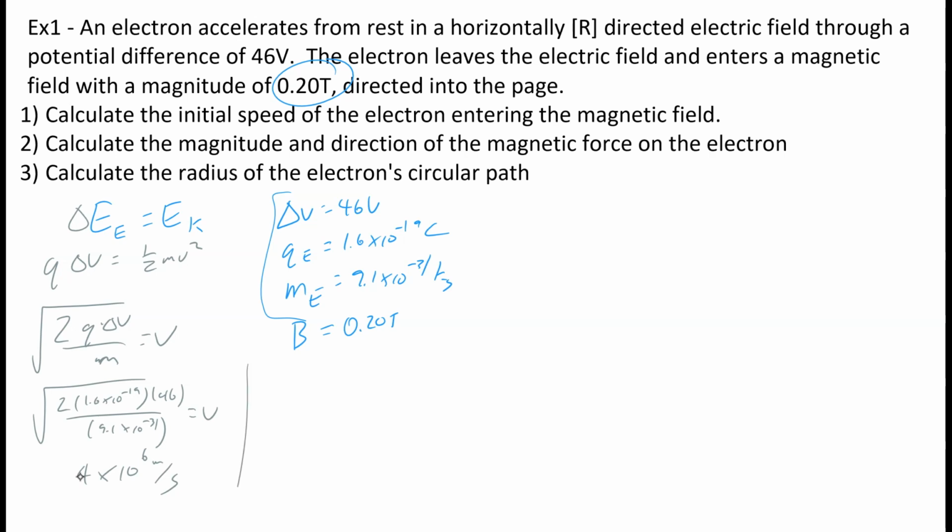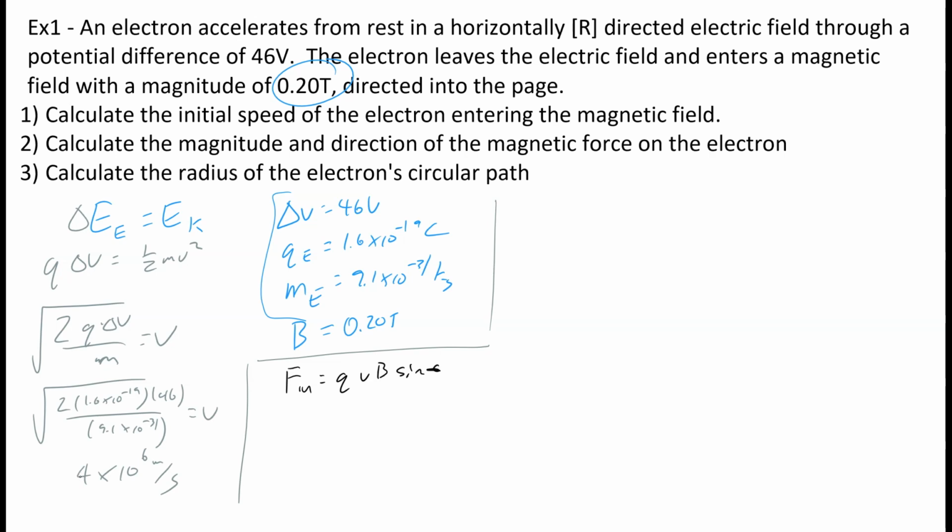Now we get to the second part of our question, which is asking for the magnitude and direction of the magnetic force on the electron. In this particular case, we're going to use our new equation we've just learned, which is Fm equals QvB sine of the angle. We don't know the angle right now, but we can read the question and figure it out.